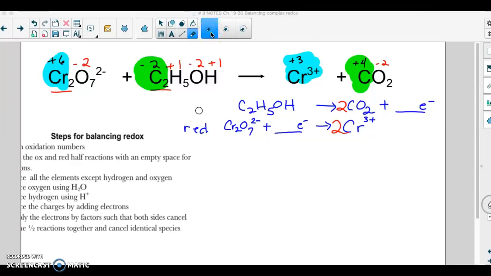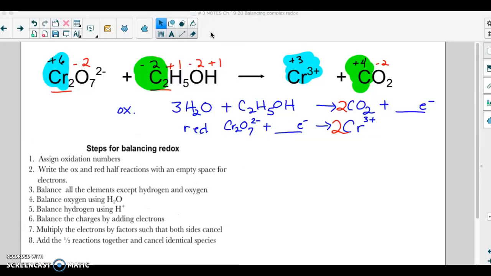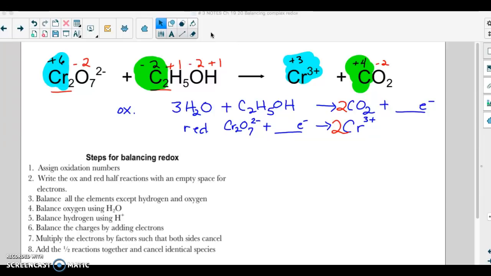So I'm going to move this over, and I'm going to put those 3 waters right here. So now I have 3 oxygens plus 1 is 4, and here I have 4 oxygens. So I'm still doing the step of balancing oxygen using water, step number 4.